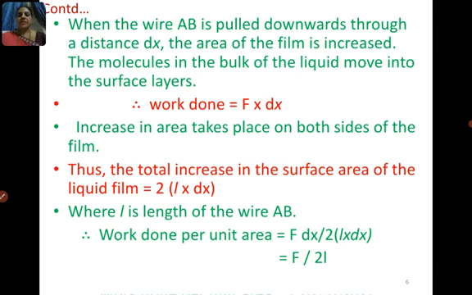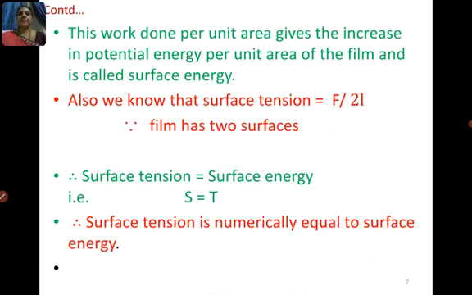Therefore, work done per unit area is equal to F dx divided by 2 into L into dx, and it is equal to F by 2L. And this work done per unit area gives the increase in potential energy per unit area of the film and is called surface energy.